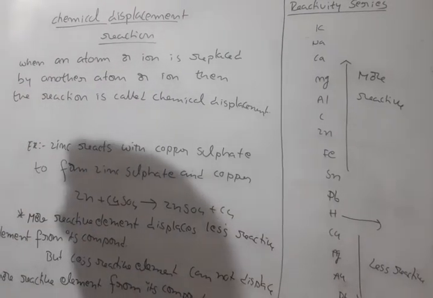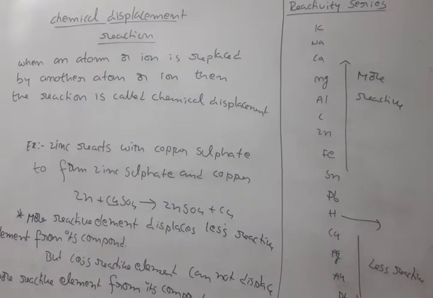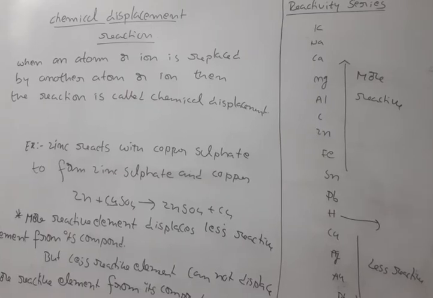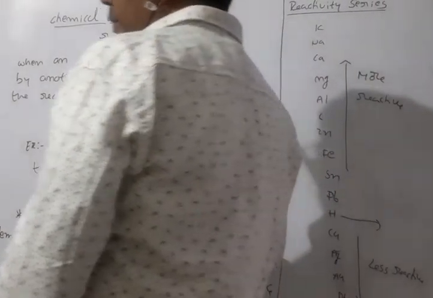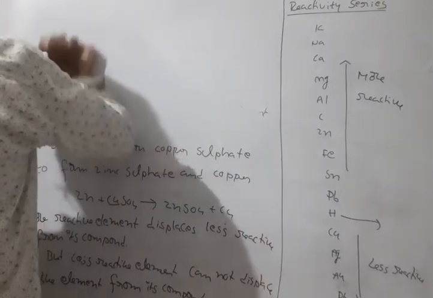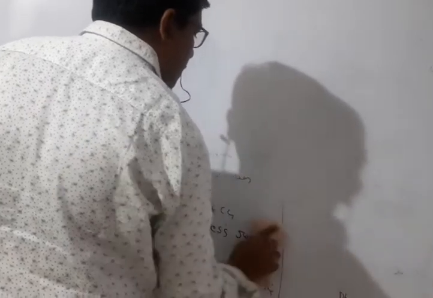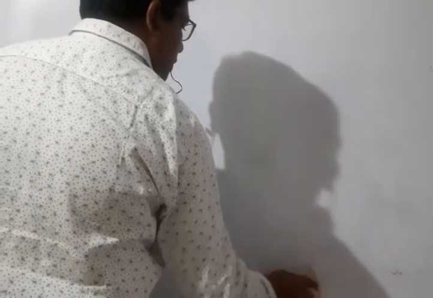Now I go to the last and fourth type of chemical reaction, that is chemical double displacement reaction.